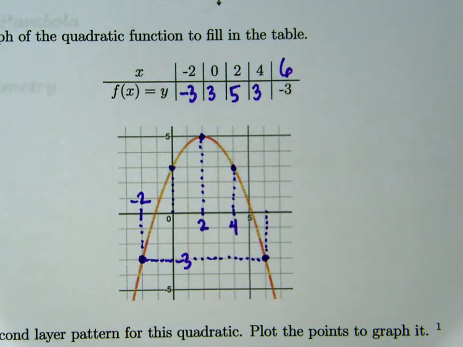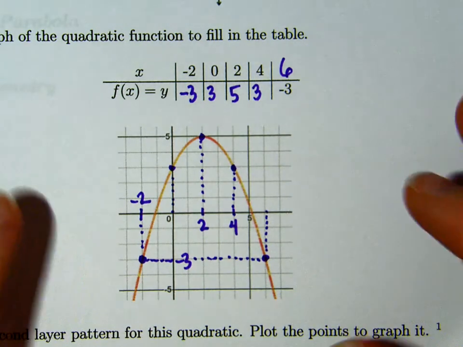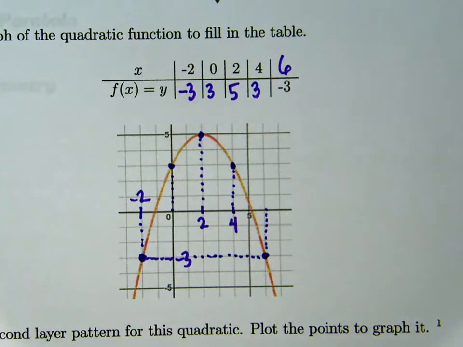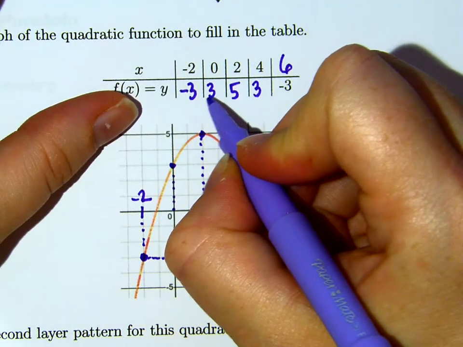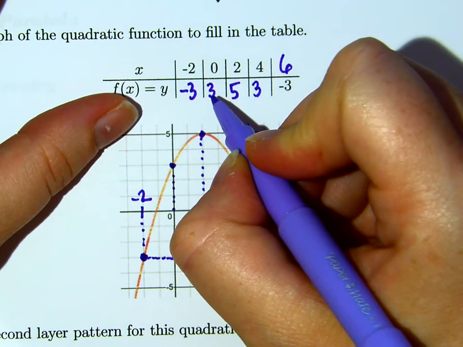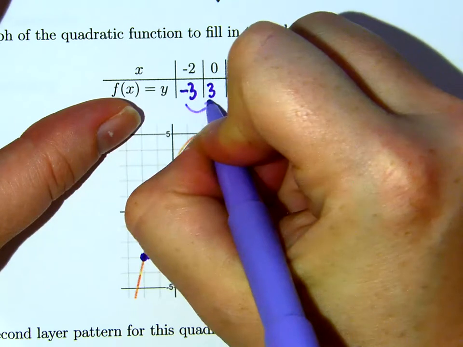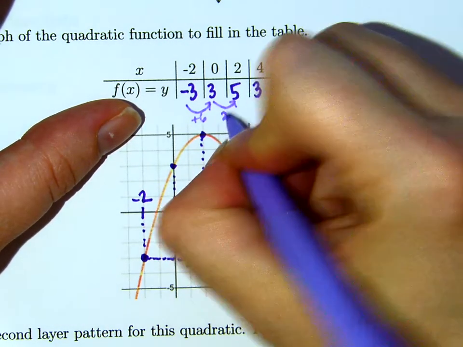Got it. I know it didn't ask for the second layer pattern, but just to look at this, these are counting by 2's. -3 plus 6 makes 3. 3 plus 2 is 5.